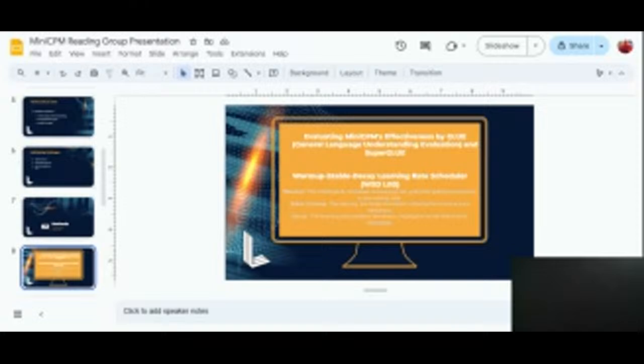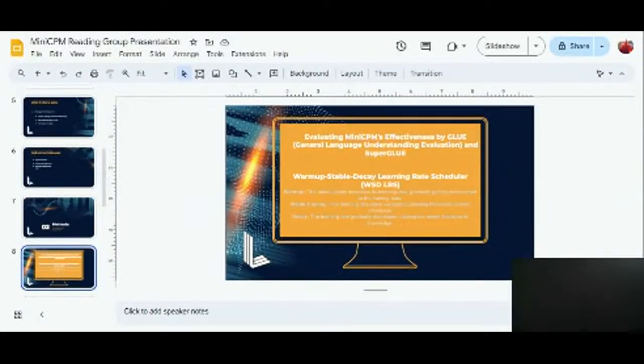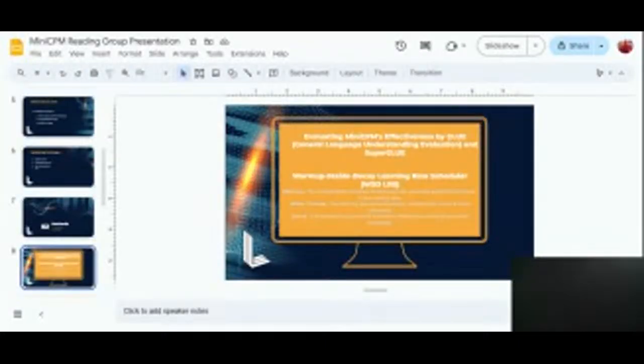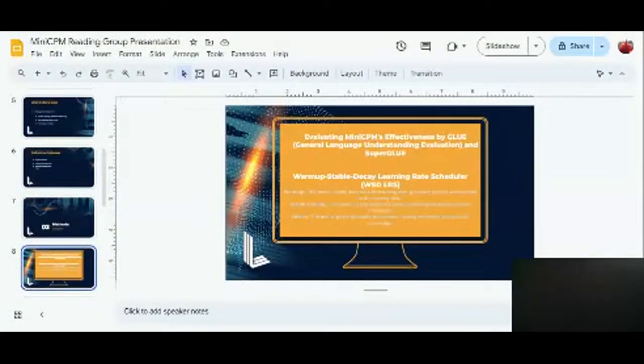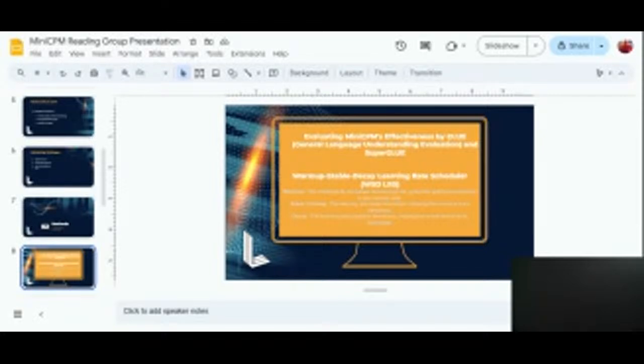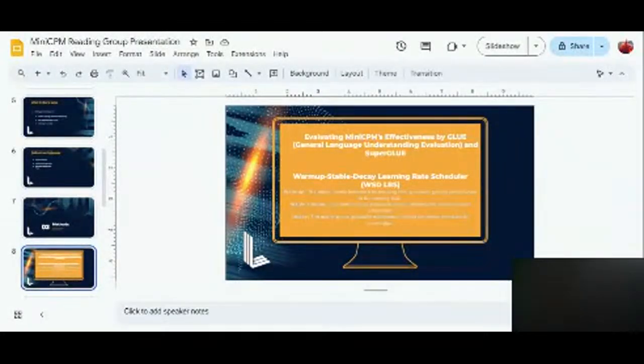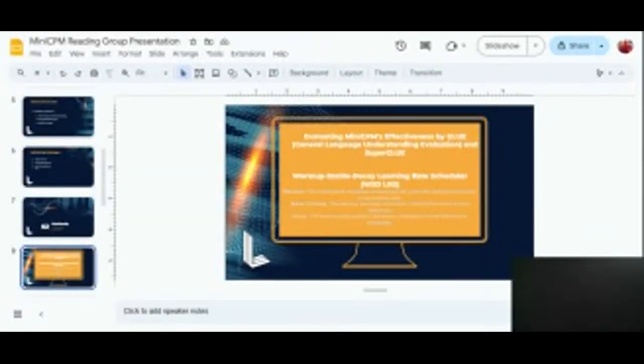And the second is the WSD learning rate scheduler, like we learned earlier about the warmup-stable-decay scheduler. It is the key factor that contributes to MiniCPM's success and innovation.